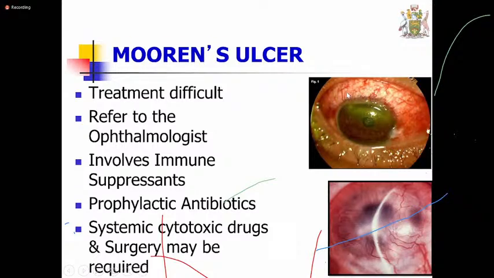So in some cases, you also do cautery to the blood vessels and put a tissue glue adhesive to prevent the conjunctiva from coming too close to the cornea again.